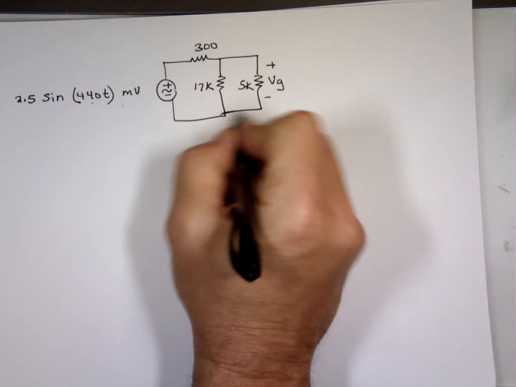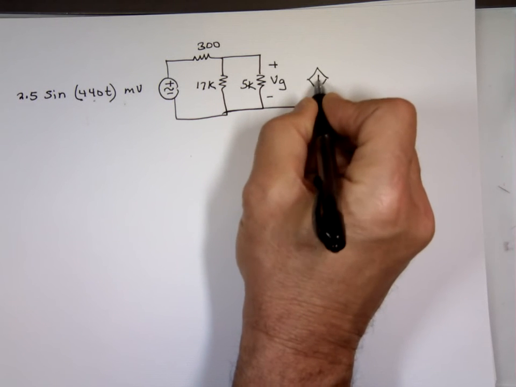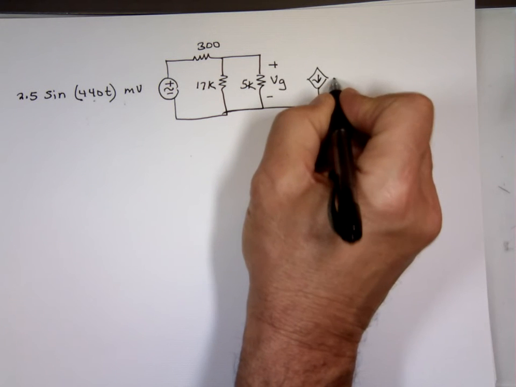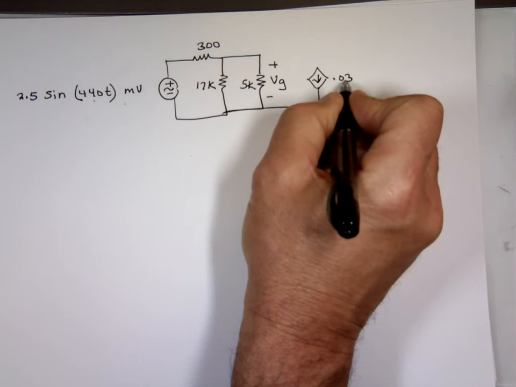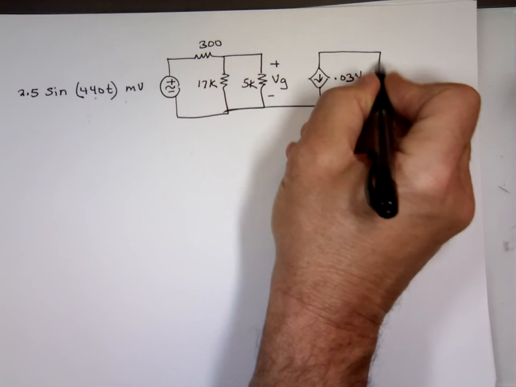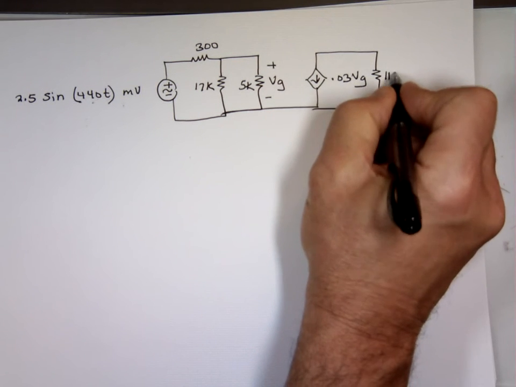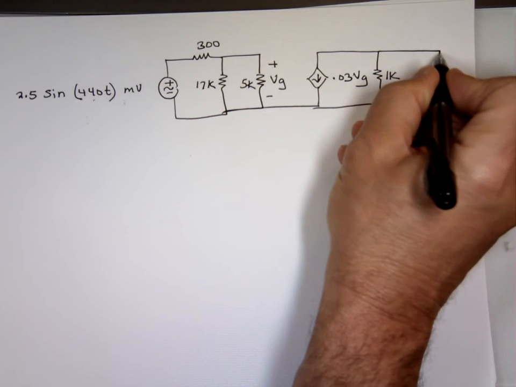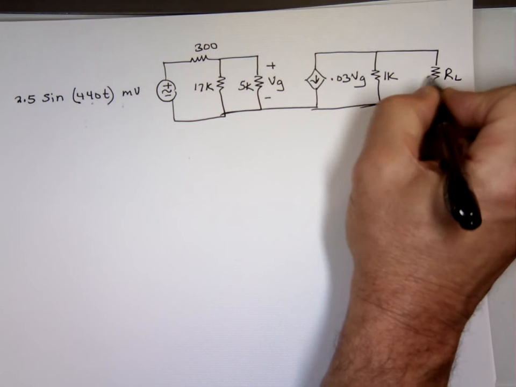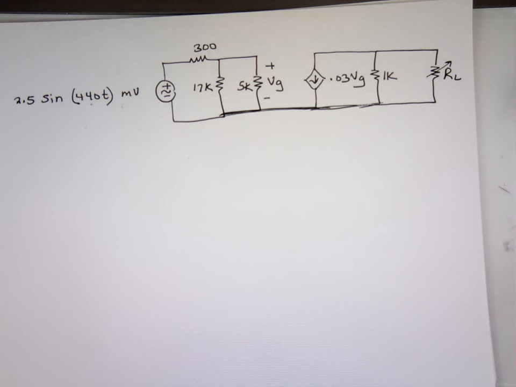Now, this is a current source with a value of 0.03 VG. A resistor here of a value of 1K. And there's my load resistor, R sub L again, which is adjustable. And the question: what value can I put in there for R sub L to maximize my power?